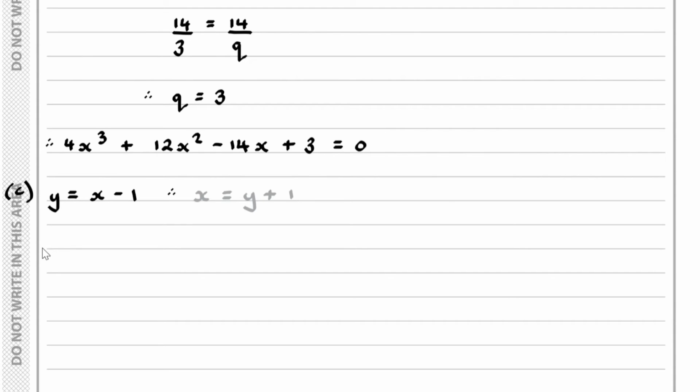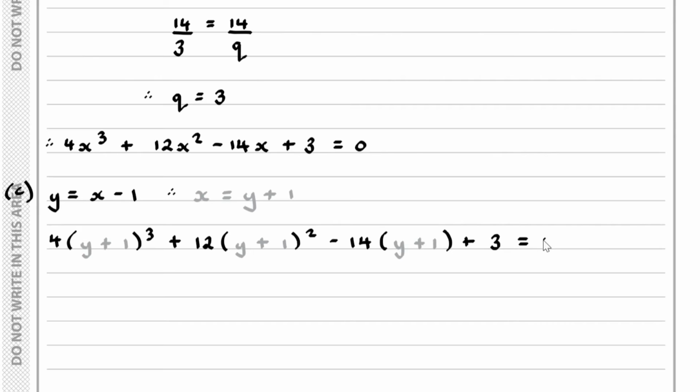So, we have 4 multiplied by y plus 1 cubed plus 12 multiplied by y plus 1 squared minus 14 times by y plus 1 plus 3 equals 0.